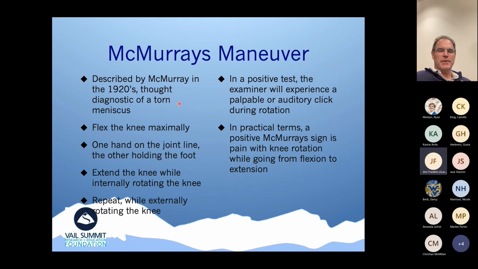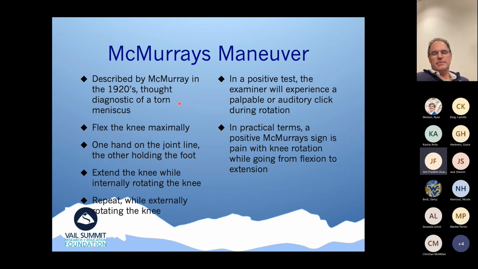We don't really pay much attention to the noises that it makes, because you may make noises on both sides, but it doesn't necessarily make it a positive McMurray's. In reality, it should be considered a positive McMurray's, because that click is probably a hypermobile meniscus that can create that click, but if it's not symptomatic, you're not going to operate on them. So that would have made it a positive McMurray's all the way until MRI time back in the 1980s.